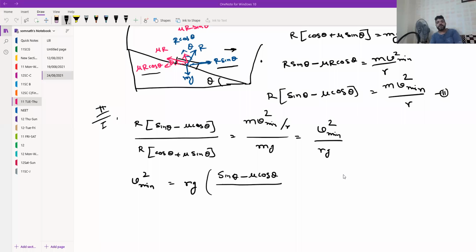Okay, r (sin theta minus mu cos theta) by (cos theta plus mu sin theta). So what do you mean by v minimum?